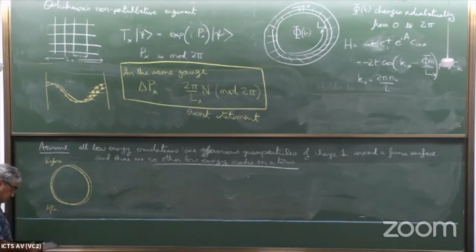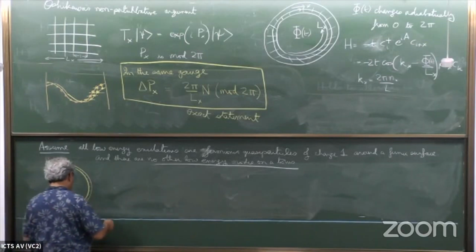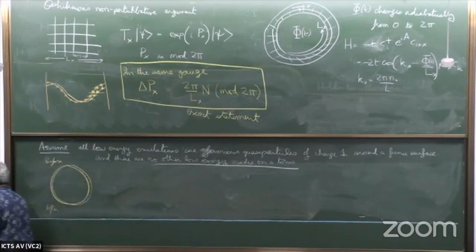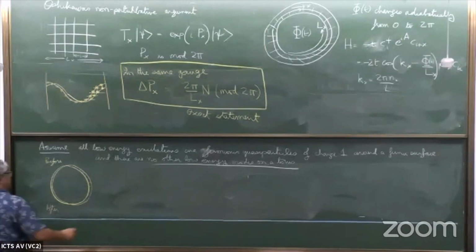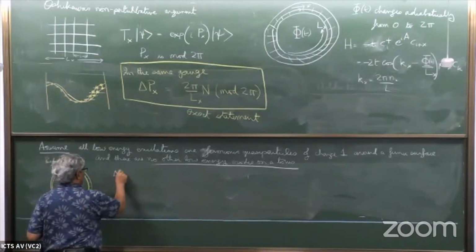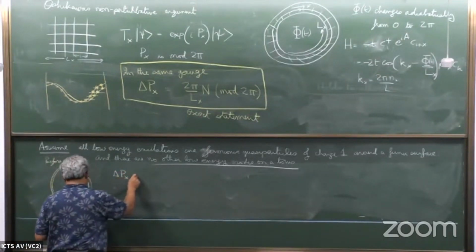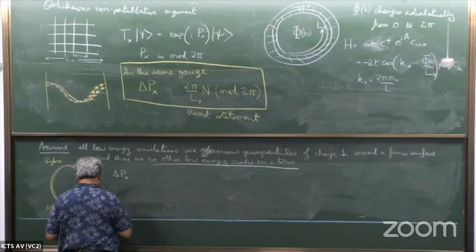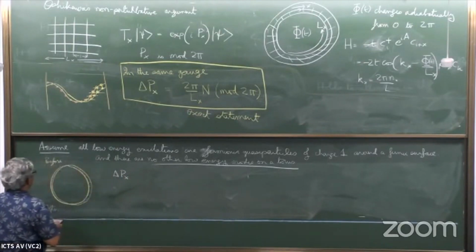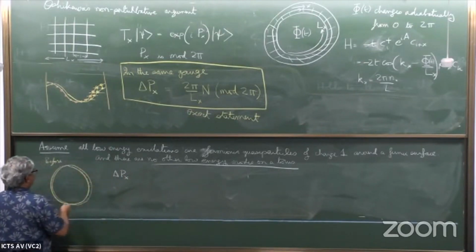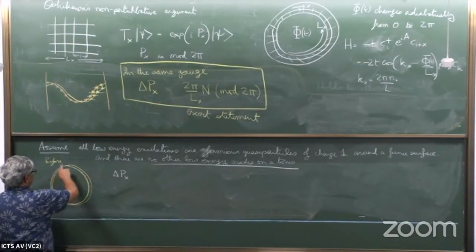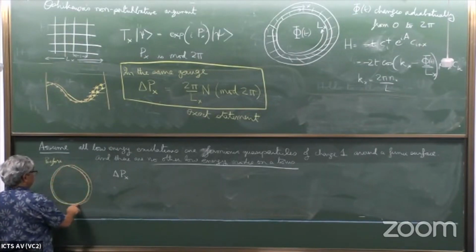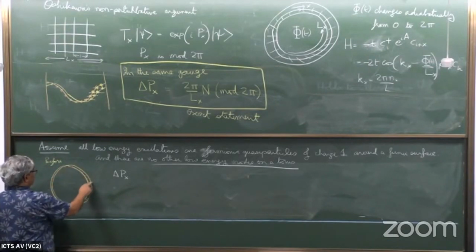All right, so what is this? So the change in momentum, delta px, well, okay, so the way you're computing it is initially you had all the quasi-particles in these yellow states, and now they're in the orange states.